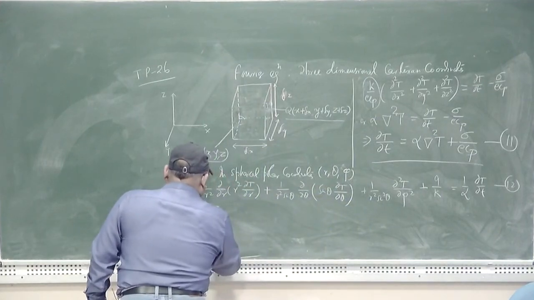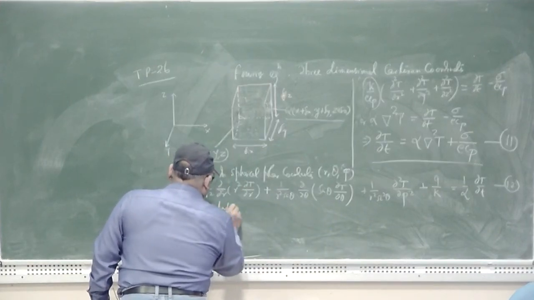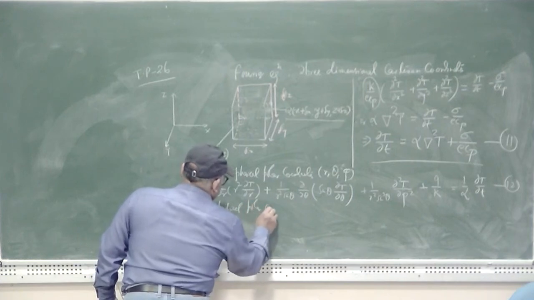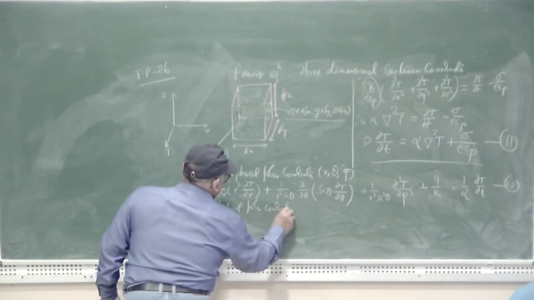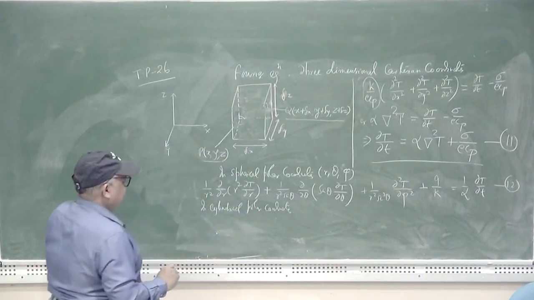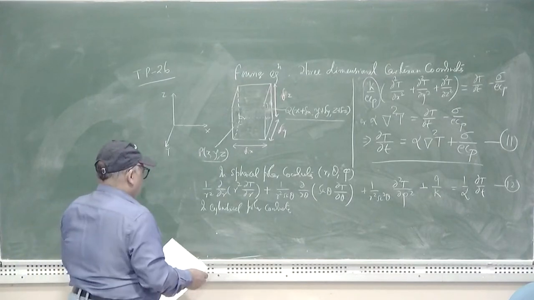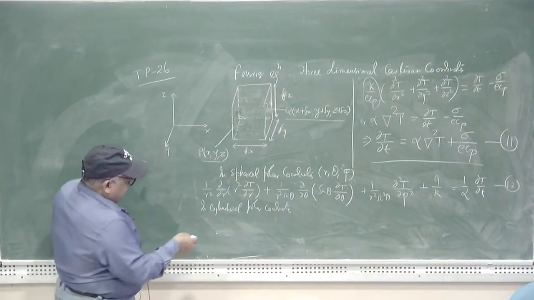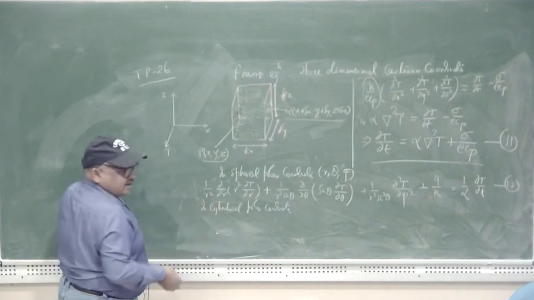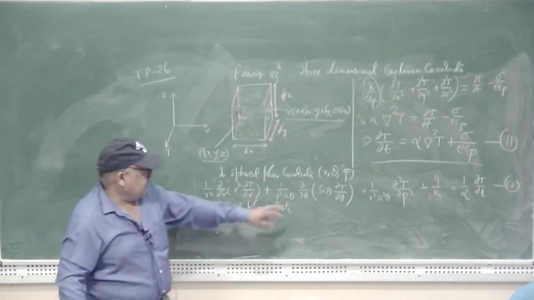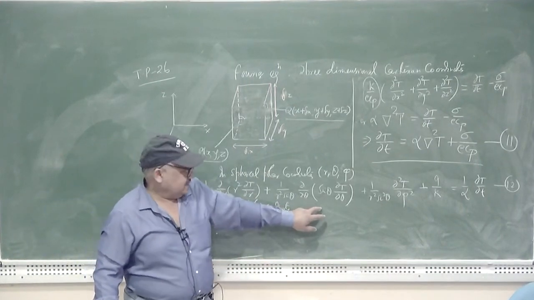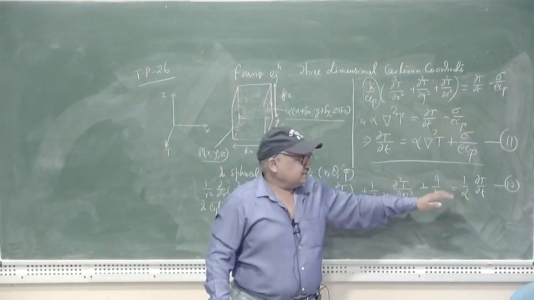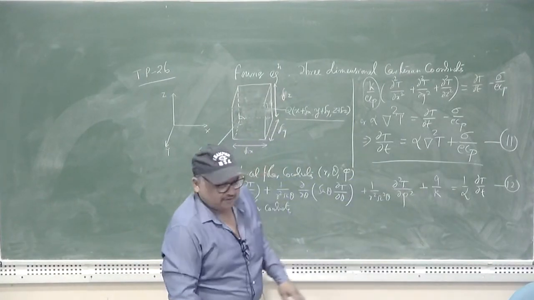In cylindrical polar coordinates, that is r, theta, z, in the next class we will require the cylindrical polar coordinate equation. Here you can see the spherical polar coordinate: this is the r component along the r axis, this is along the theta axis, this is along the phi axis, and the rest of the quantity is similar to equation number 11.